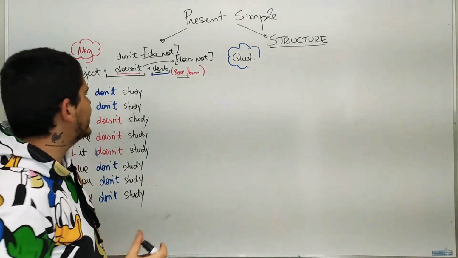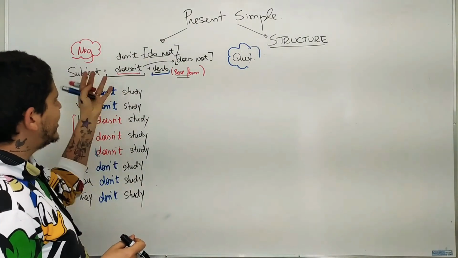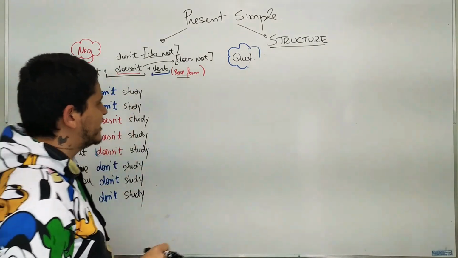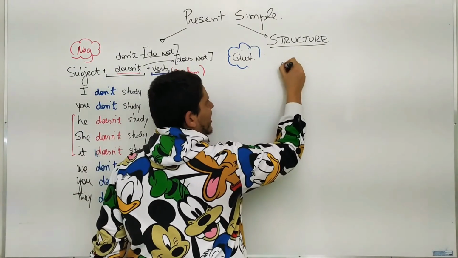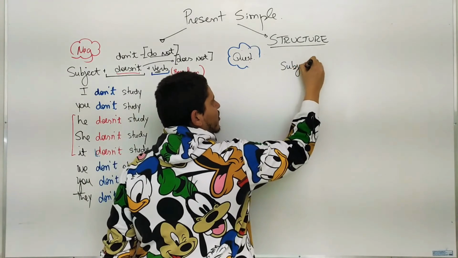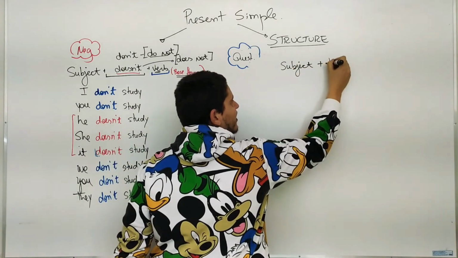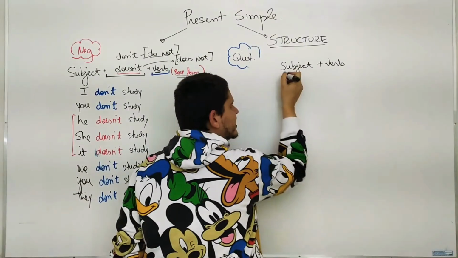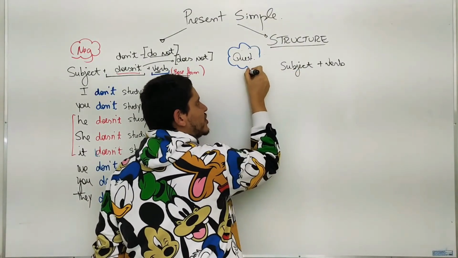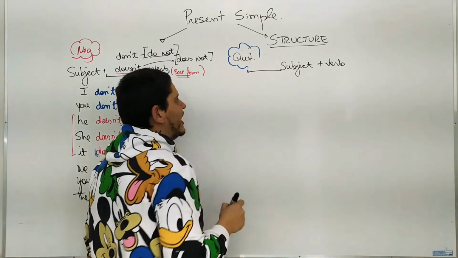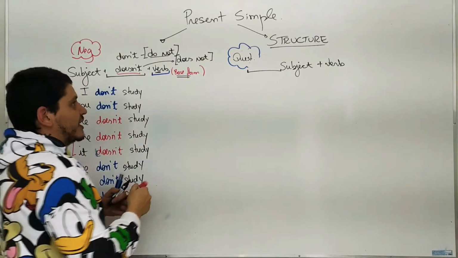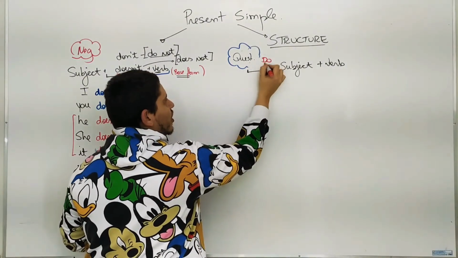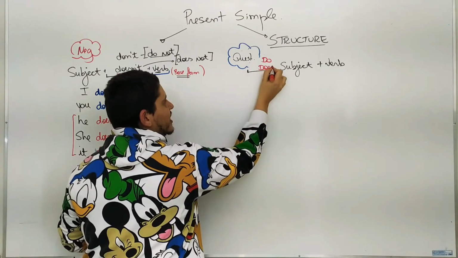What happens here is we will change the order of some of the elements here. We have a subject, of course, then we have a verb, but before this verb, we will have to use an auxiliary. And this auxiliary will be either do or does.